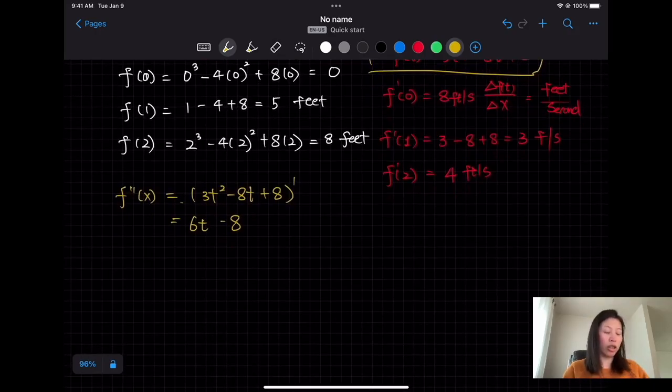Okay, so now let's take a look. For this part, I have f of 0 equals 6 times 0 minus 8, which is negative 8. If it's negative, this is going to be concave down.